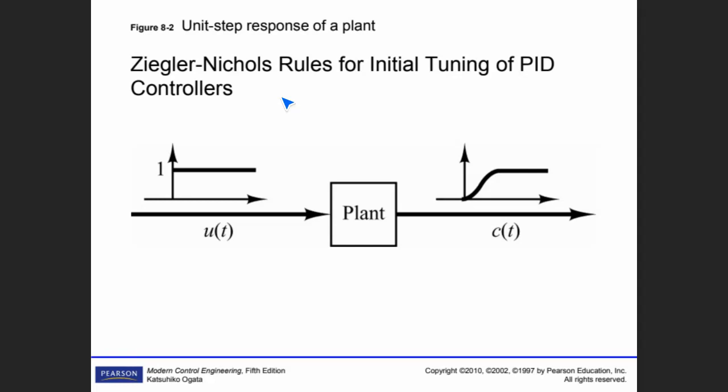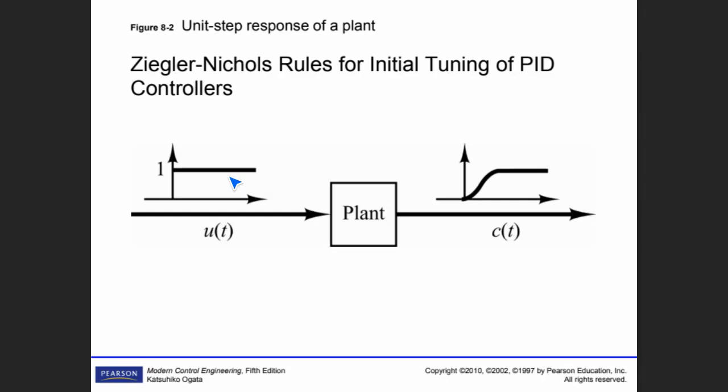Three values: one of them is Kp, the other one is Ti, the other one is Td, or the constants. Now, if you give a step input to this system, it might be giving you... moment.